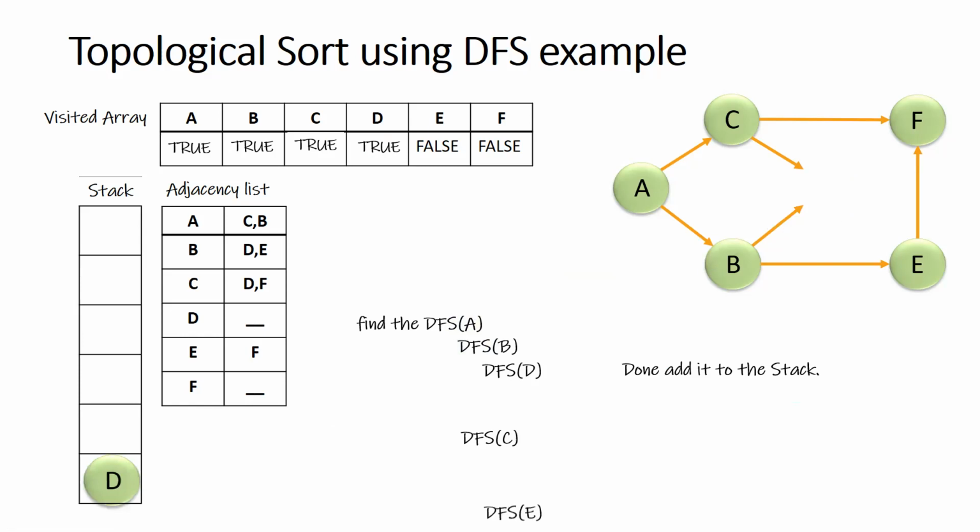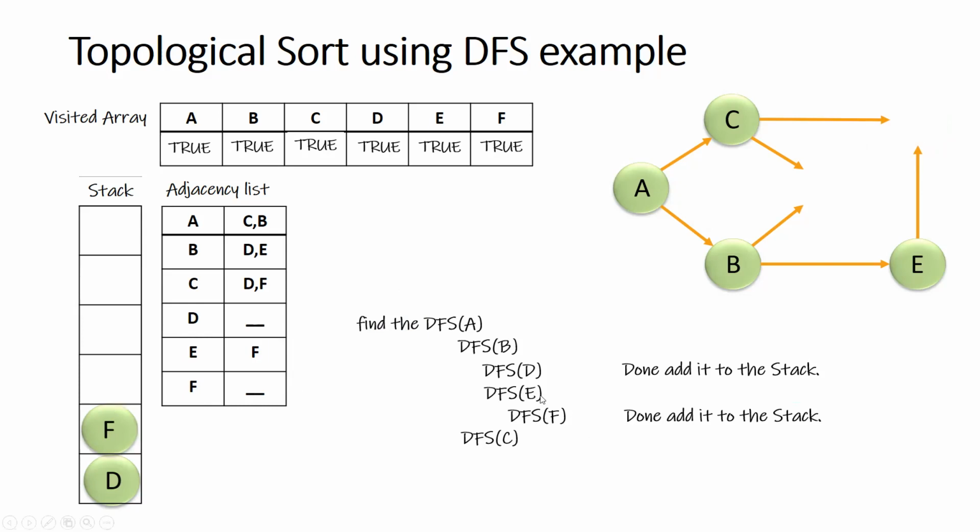Okay, continue. Find the DFS for E. E has an edge connecting it to F, so we'll find F, mark F as visited. F has no more adjacent nodes, so we can add it to our stack.